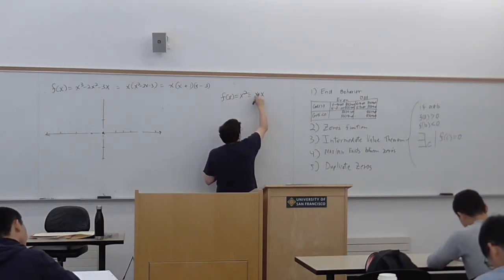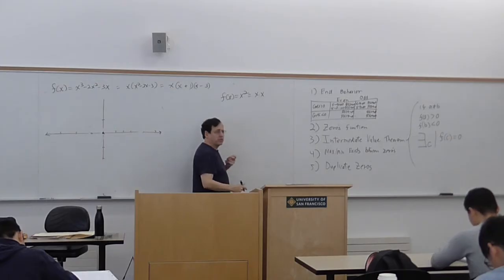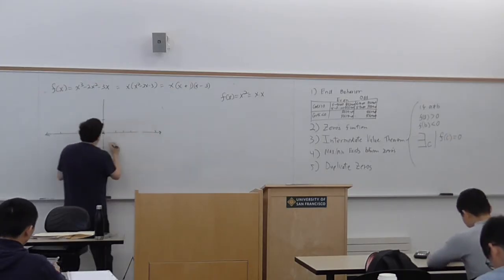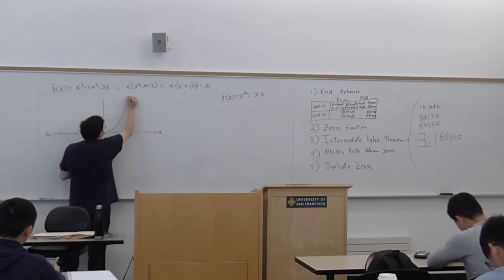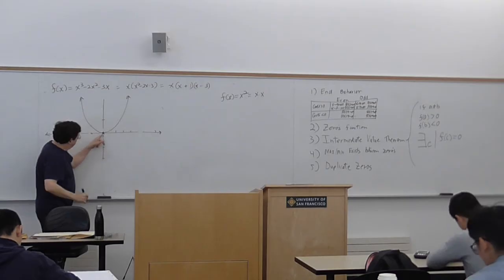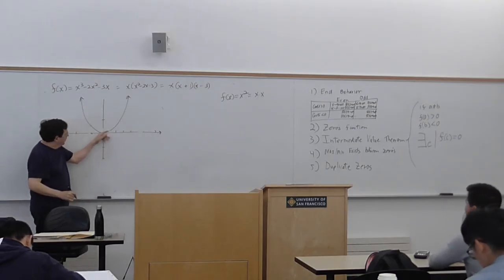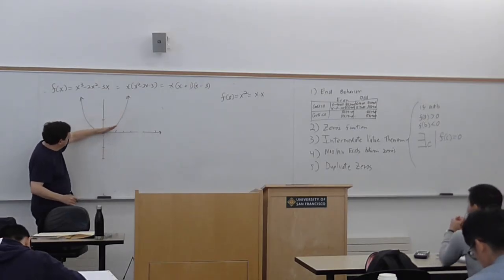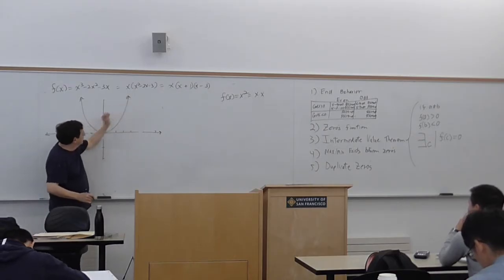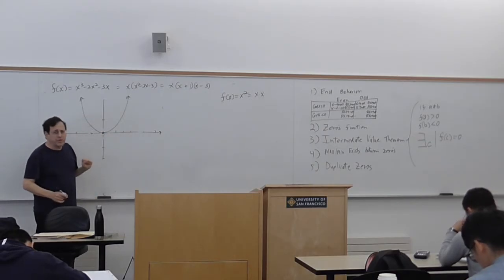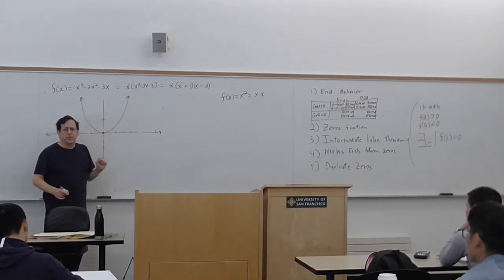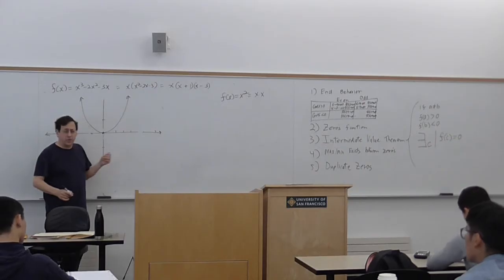Either x could be 0 or the other x could be 0, right? So this is an example. Let's take a look at what this function looks like. At the 0 point, the function just kind of lands on 0, but as you go off in one direction, it gets positive, and the other direction it gets positive. In other words, it doesn't cross the axis.